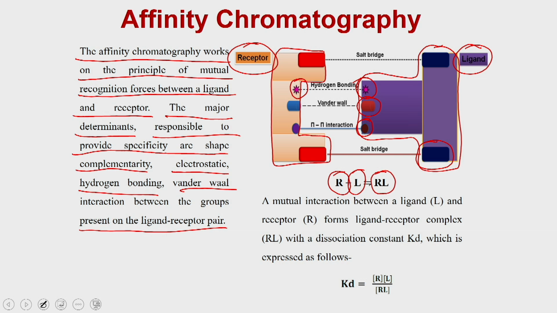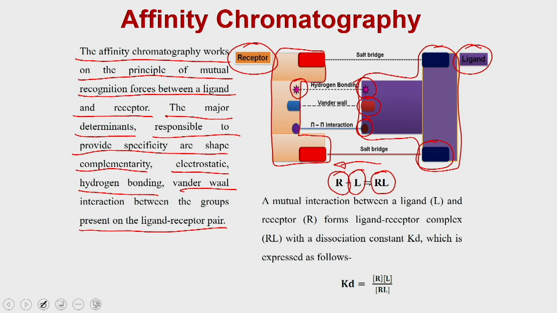So, you can imagine that a receptor makes an interaction with the ligand to make a receptor-ligand complex, and this receptor-ligand complex can be dissociated to give you the receptor as well as the ligand. That is why this approach can be used in chromatography, which means that if you form a receptor-ligand complex, you can add ligands, and that is going to break the receptor-ligand complex to give you the receptor plus ligand.